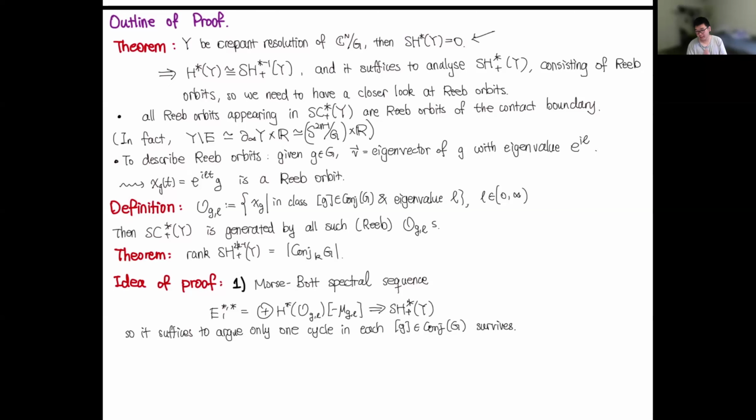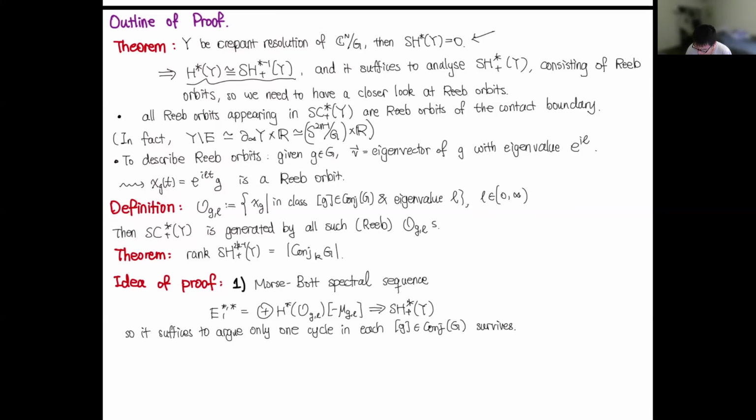But 0 does not mean it's not interesting, because if such a thing, which includes the Morse cohomology, is 0, then there should be some extra information on the boundary, which is that the cohomology of Y should be isomorphic to the positive symplectic cohomology of Y with degree shifted by 1, based on the long exact sequence we have seen before.